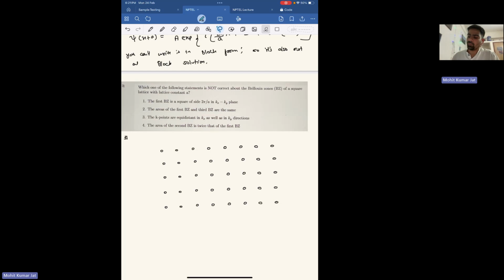Okay, so this is the square lattice which I have drawn. These black circles are the lattice points. Now let's address the question.